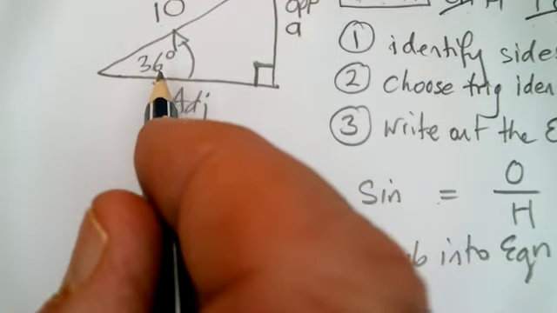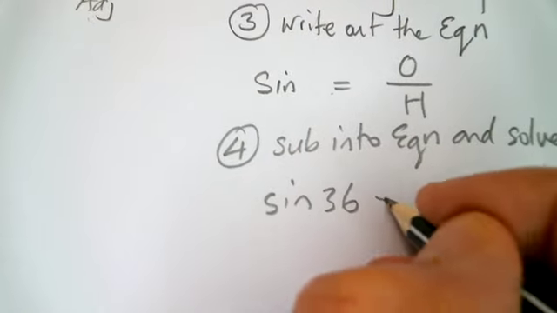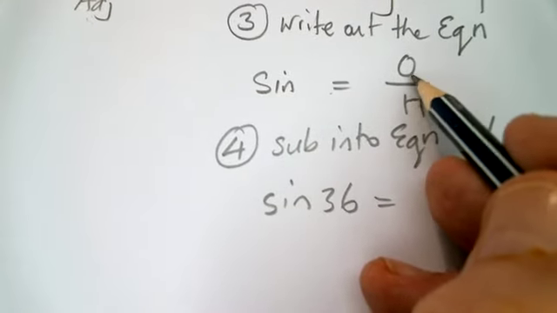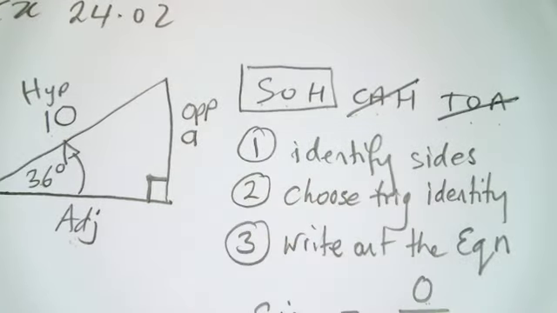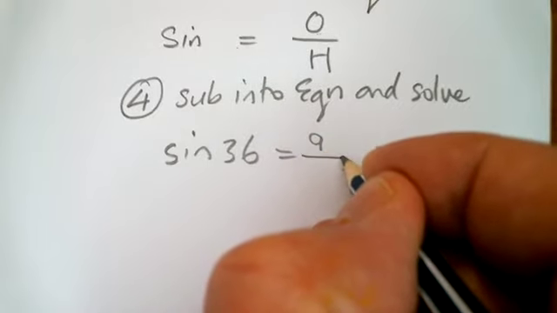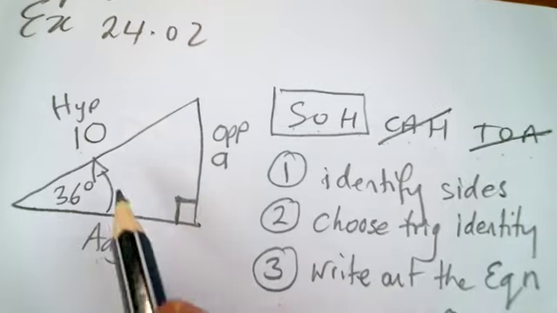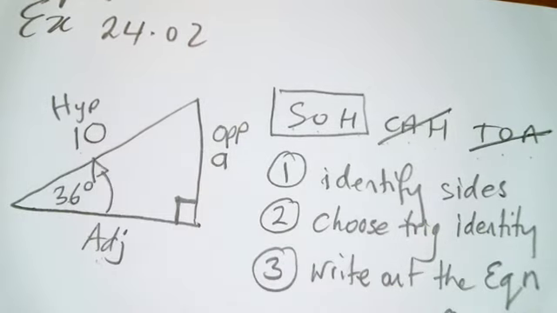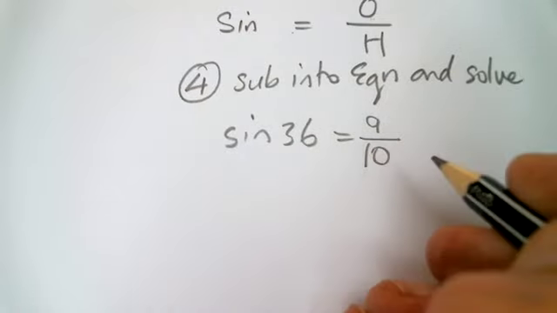And the angle in this case is 36. So we get sine 36 is equal to opposite. Now, what's the opposite side? There it is. It's called A. So I'm just going to write equals A over. And then we've got an H. What's our H? There it is. H is 10. It's the hypotenuse. So I'm just going to write A over 10.